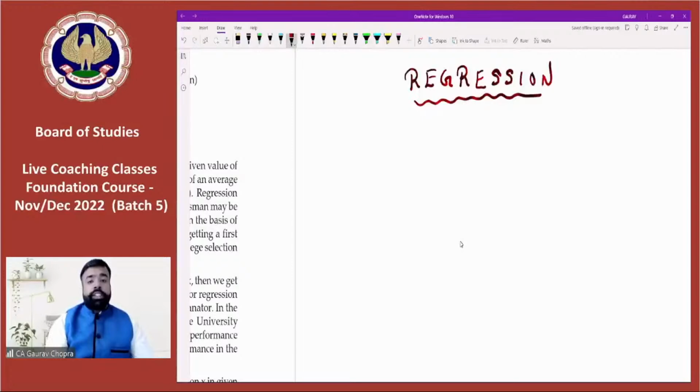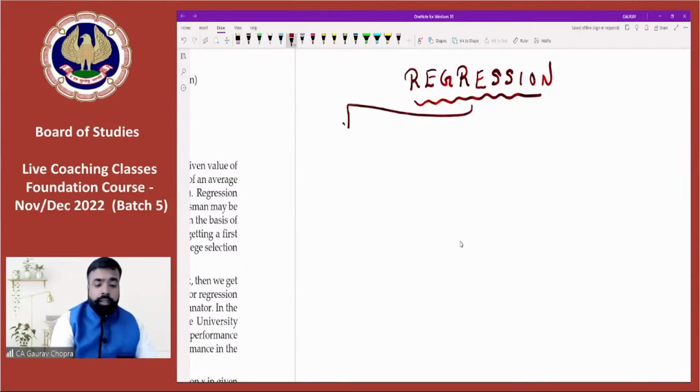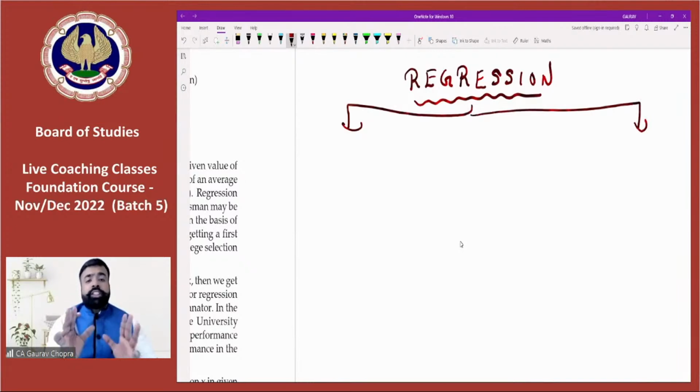In regression, we can form two equations. Regression is basically divided into two parts. One is x on y and the second is y on x.